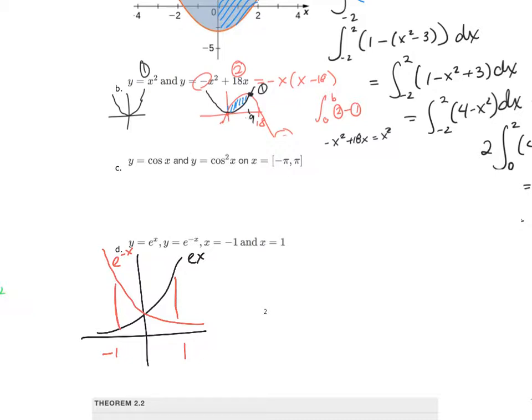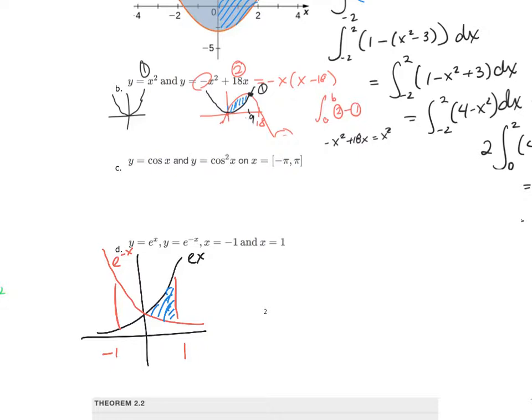Now, I have symmetry again, so I can just go to one of the two sides and decide which one I want to choose. I want to choose this side and then just multiply it by 2. Even though my e to the x is on the top on the right-hand side and my e to the negative x is on the top on the left-hand side of the y-axis, we have symmetry. These are the same shape.